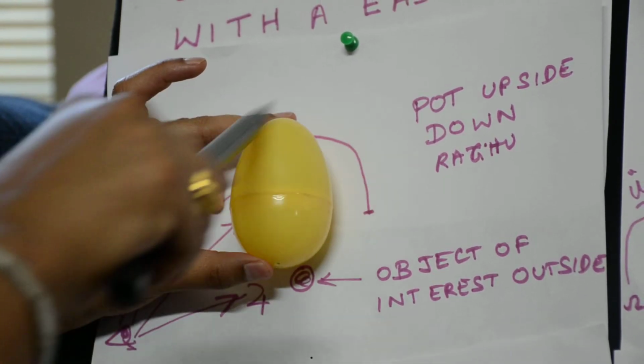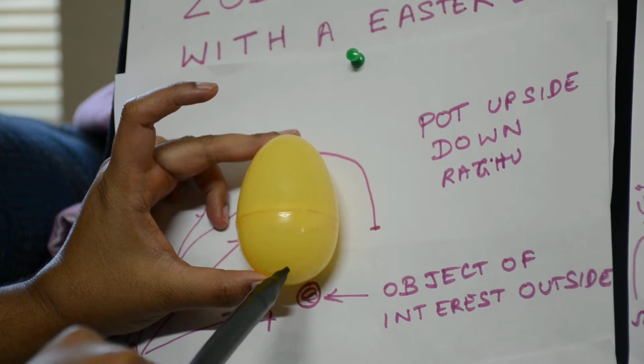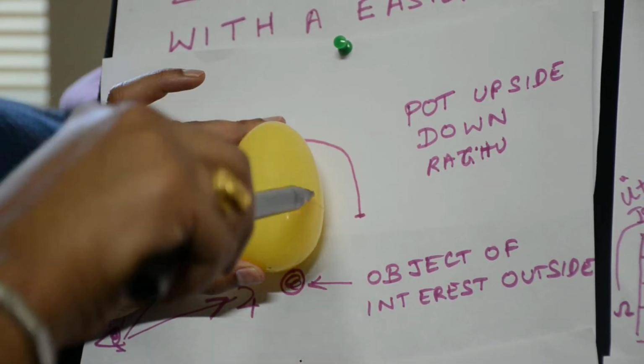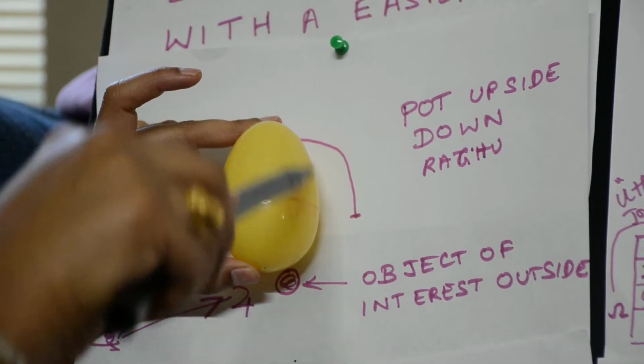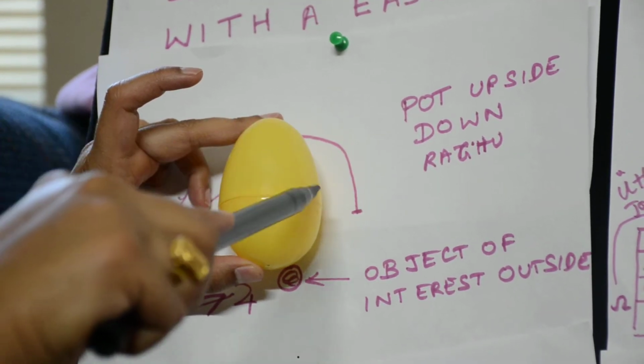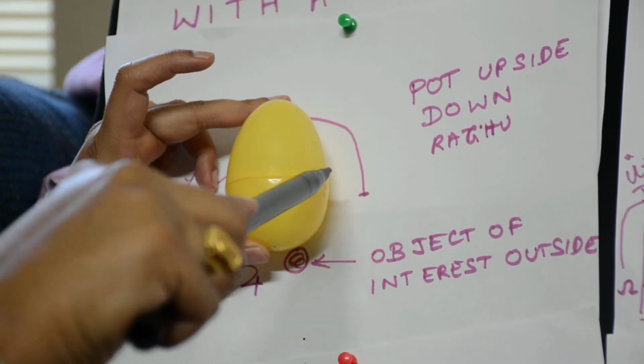To this upside down, this object is outside, and nothing is inside the upper part of the Easter egg. And this upper boundary is called Sun, and the actual upside down state of the part is called Rahu.